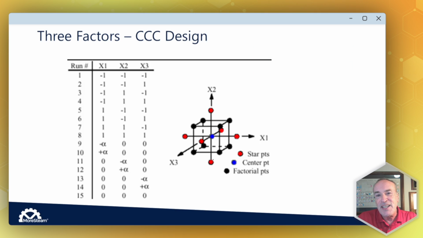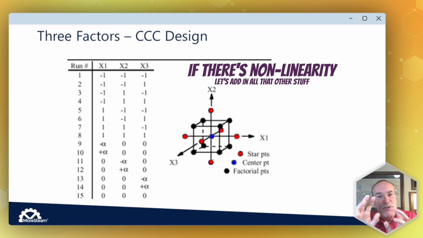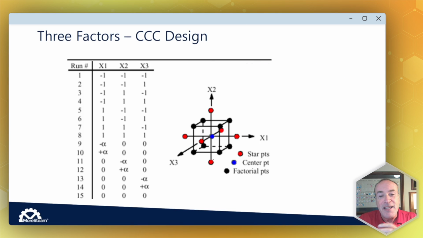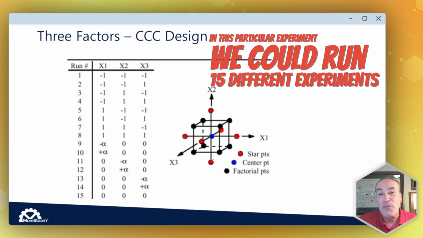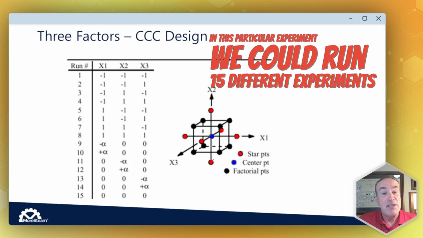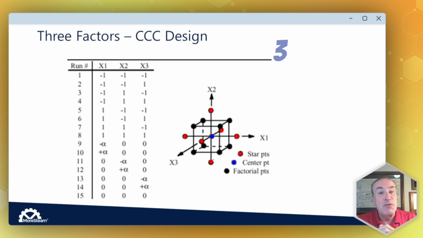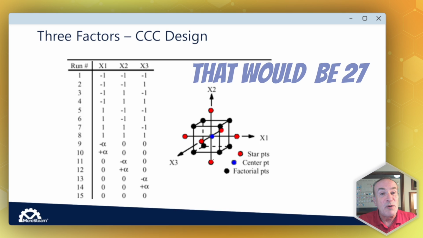And then we could add a center point. That's what I would advocate that we do. But then you go, well, wait a minute. If there's nonlinearity, let's add in all that other stuff. Well, in this particular experiment, we could run 15 different experiments. If you had a 3 to the 3, that would be 27.